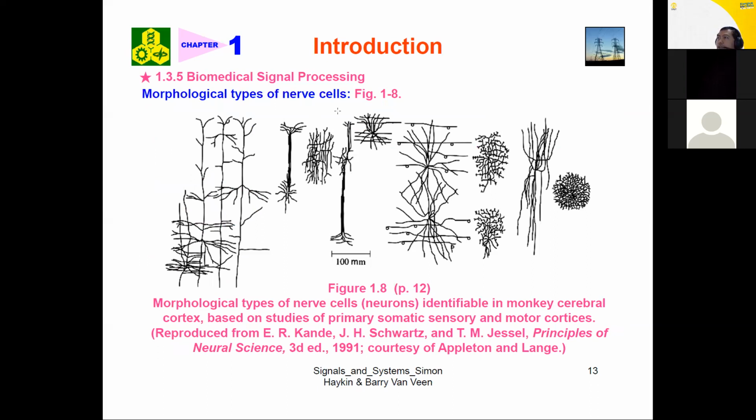In biomedical signal processing, it also works, particularly for nerve cells.